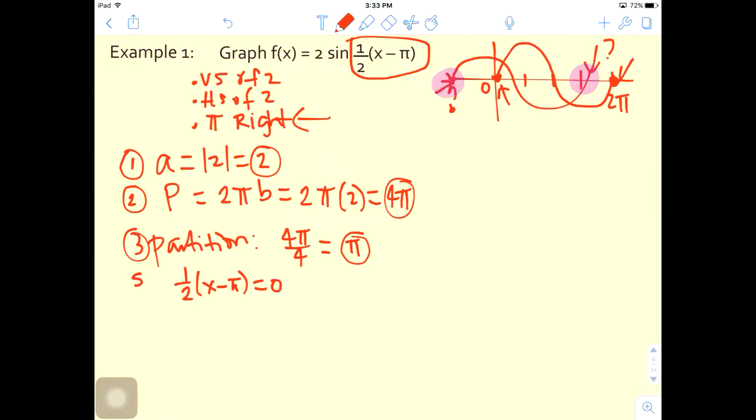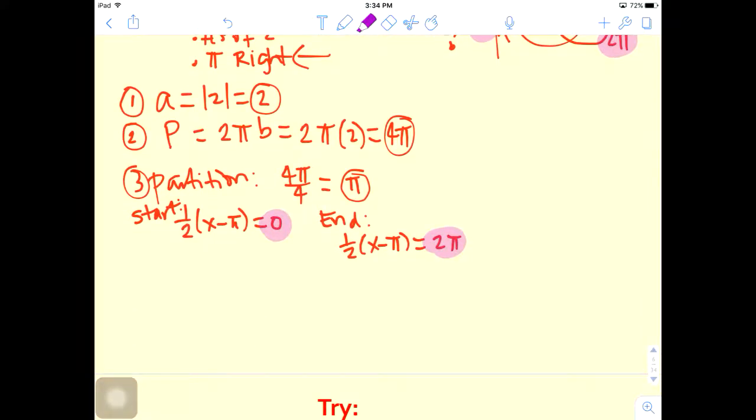Okay, so where does it start? The new beginning. And where does it end? Mapping it up, lining it up to the parent function. So setting the 1/2 times x minus pi equal to the original ending. Again, pay attention to that beginning and that ending. We're matching it up to that. So that way we can line it up and see where's the new beginning, where's the new ending.